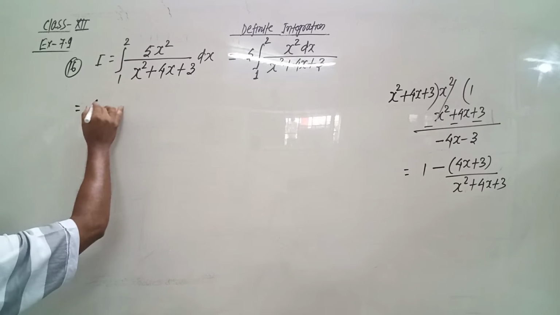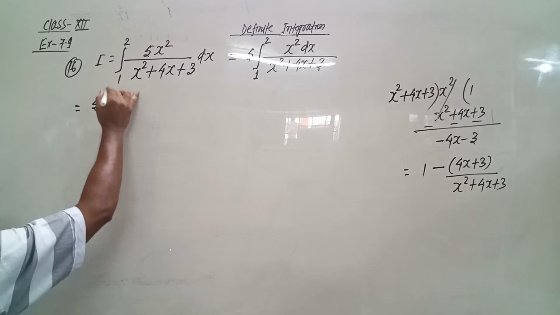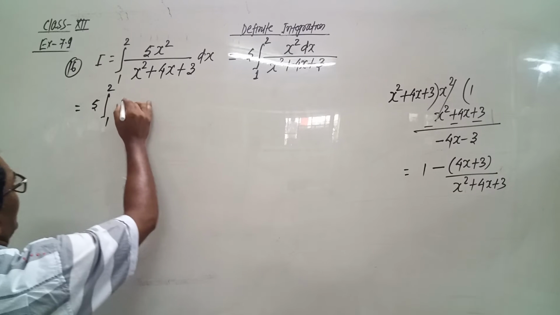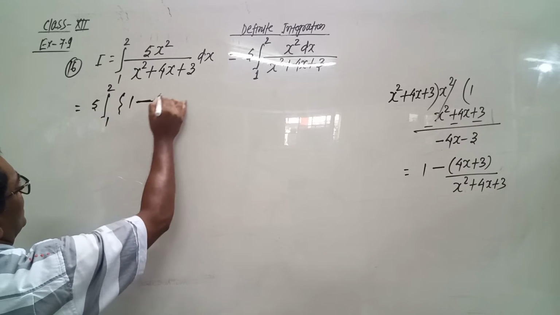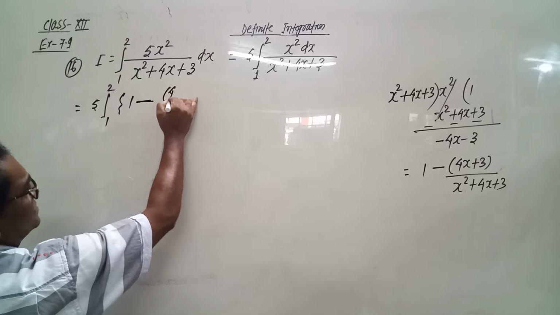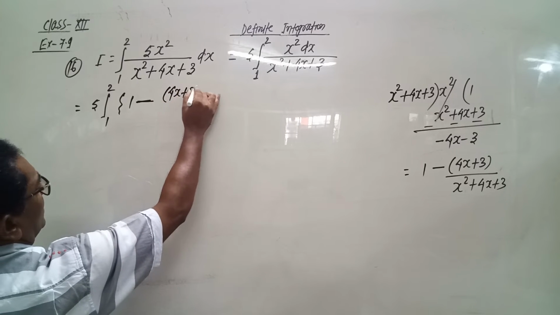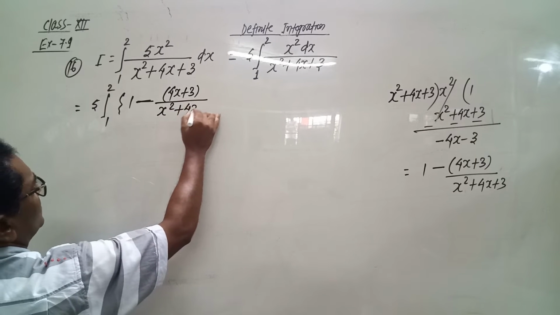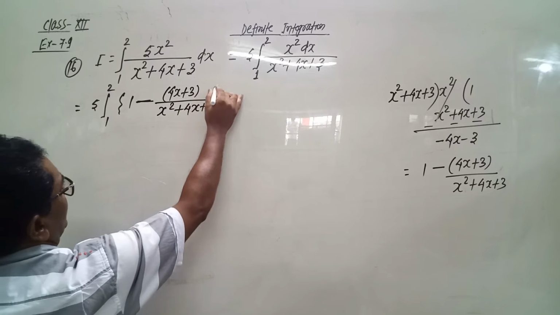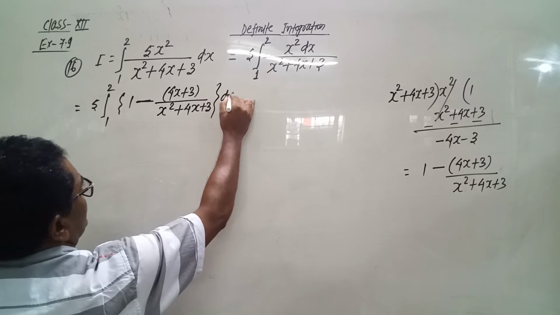So 5 outside, integration limit 1 to 2, and this expression is written as 1 minus (4x plus 3) upon (x square plus 4x plus 3), whole dx.